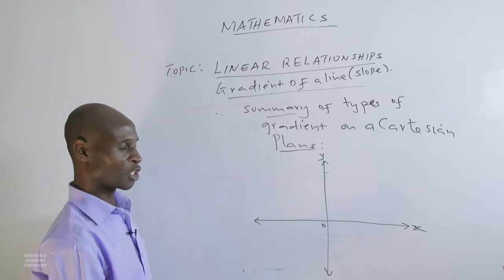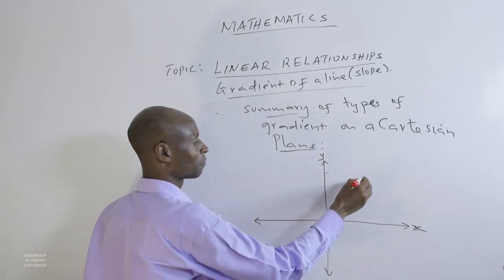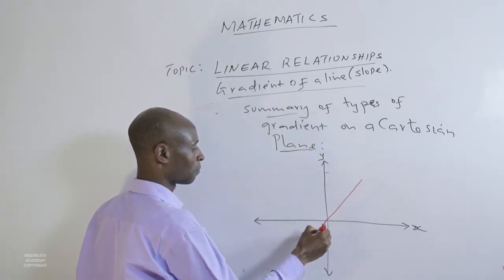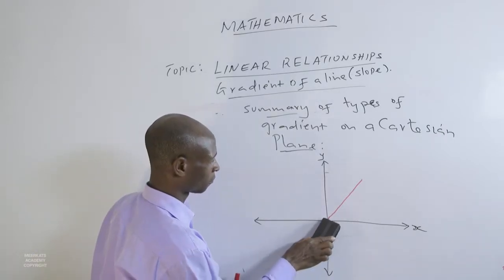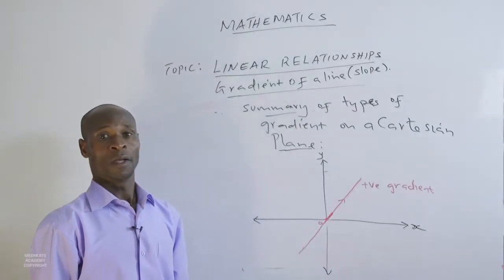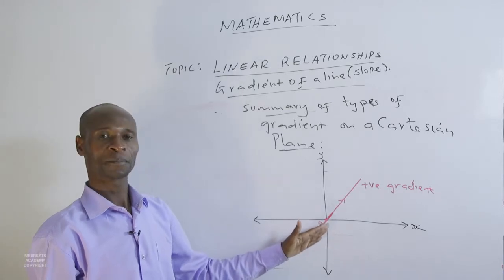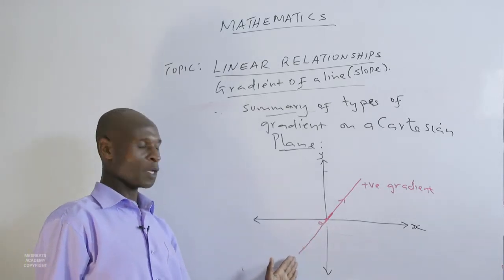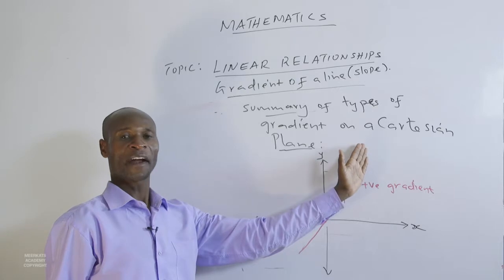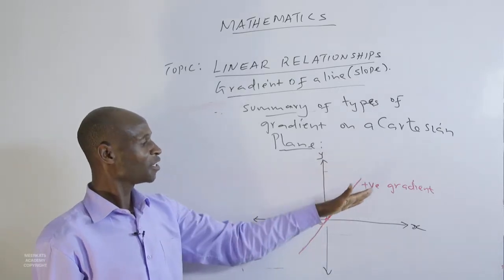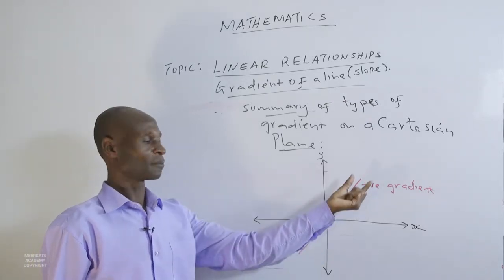If we consider our line passing through the origin and the gradient is positive, running from the lower side of the Cartesian plane, rising all along to the right, then its gradient is positive because there is an increase in y values.